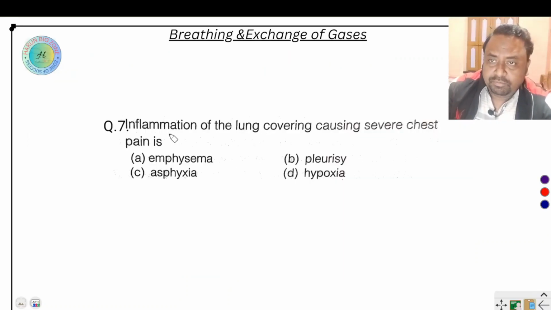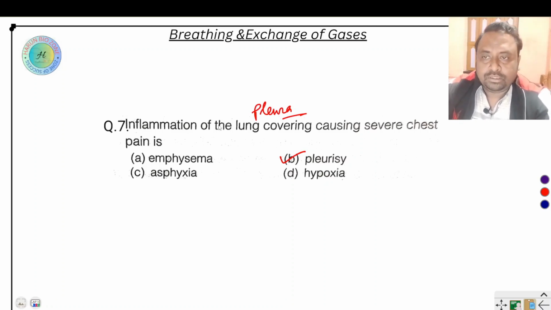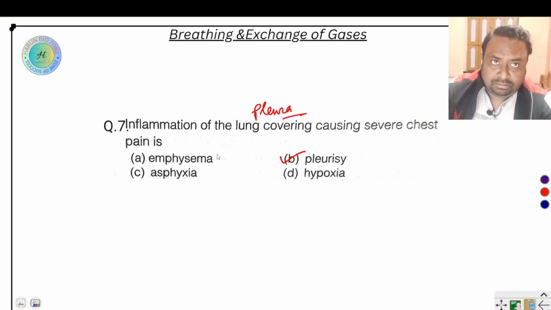Next question: inflammation of the lung covering causing severe chest pain is pleurisy. Due to bacterial or viral infection, the lung cover, that is the pleura, becomes inflamed. This is called pleurisy. Emphysema is a lack of oxygen supply in the lungs due to smoking or pollution.